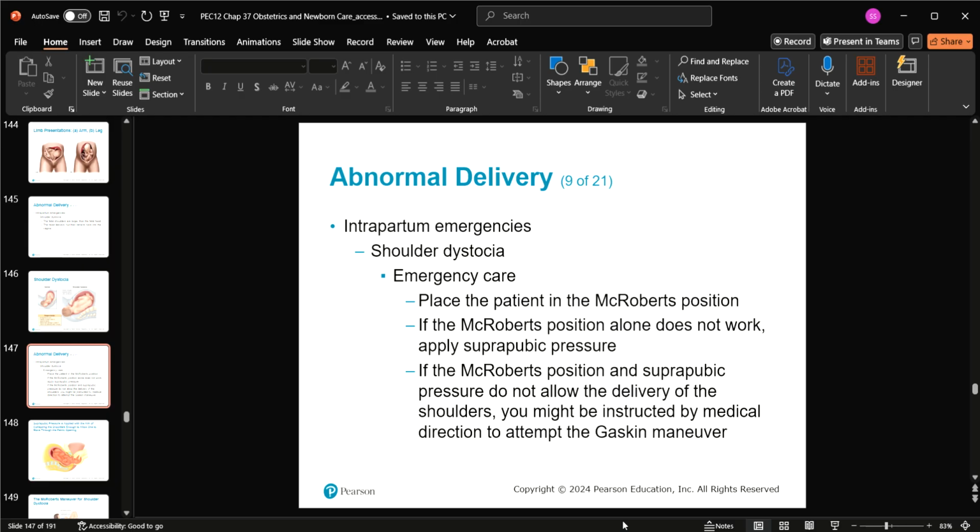So that I'm going to have to look up in a second. The McRoberts maneuver is very similar to what we were talking about before, trying to get her to place her knees to her chest. Gaskin maneuver has her move to her hands and knees so gravity can help release the baby's posterior shoulder.